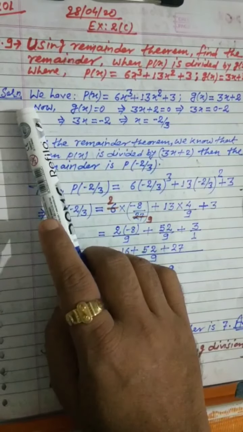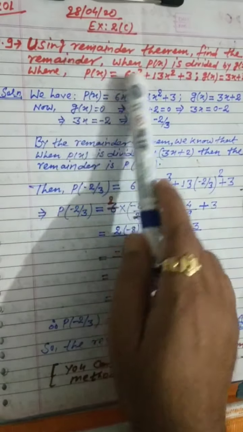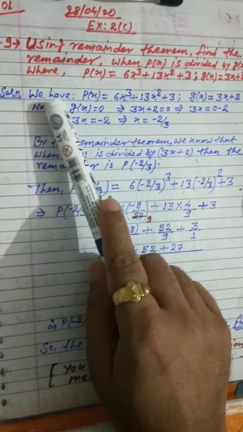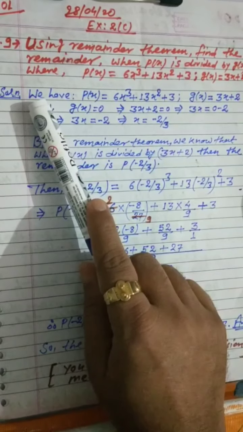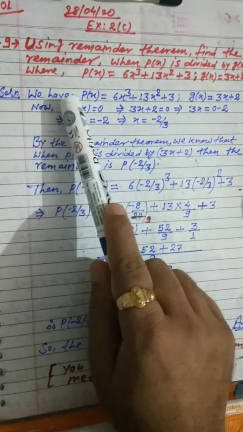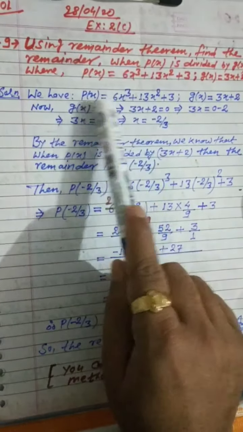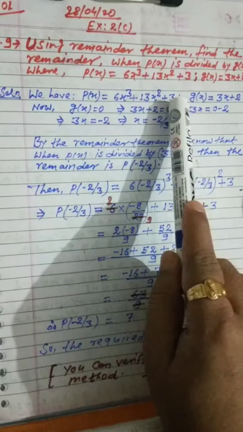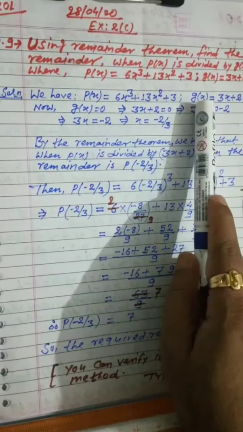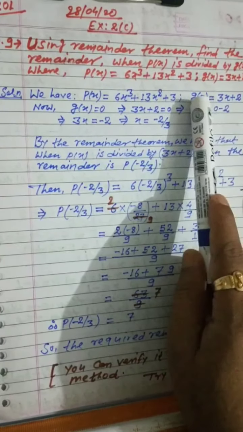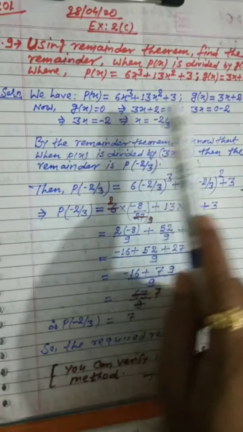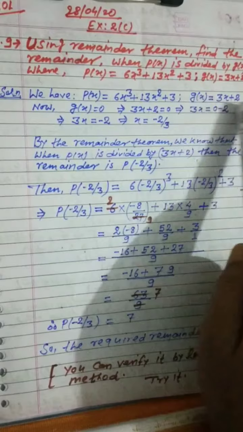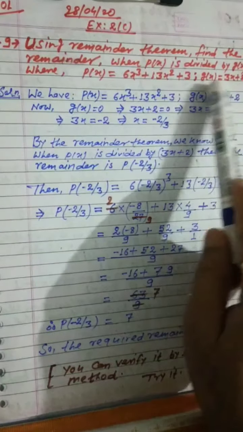Now let us solve it by using remainder theorem. So in the solution you have to first write what you have. So we have p(x) is equal to 6x cube plus 13x square plus 3 and g(x), that is the divisor polynomial, is 3x plus 2. Now first we will find the value of x from your divisor.